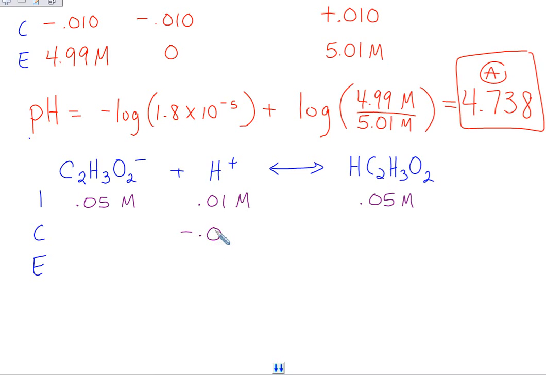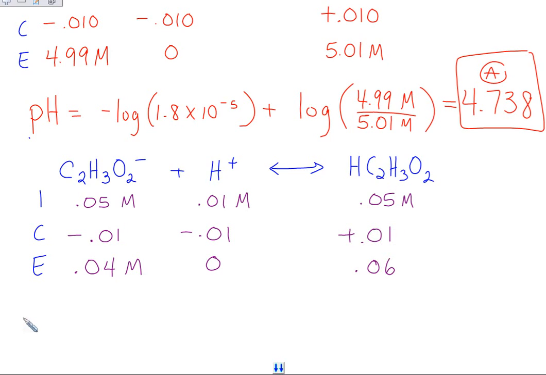In a sense, it's kind of like the hydrogen's my limiting reactant. I'm going to get rid of the hydrogen, so at equilibrium, it's gone. That's down to 0. Everybody else reacts accordingly. We're going to go down by 0.01 moles. This is going to be 0.04. This guy's going up by 0.01. At equilibrium, we are 0.06.